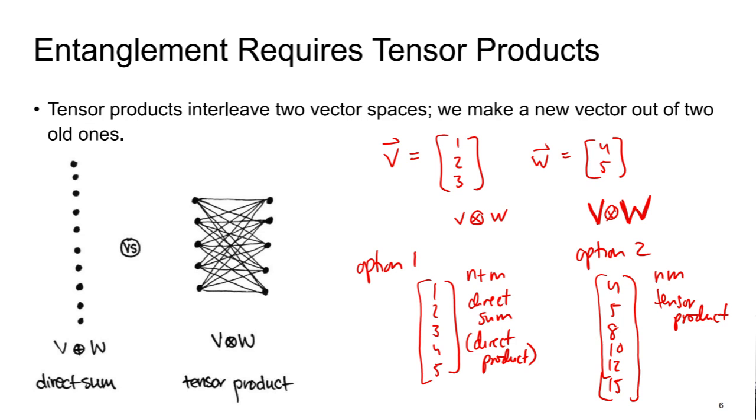So the first option gives a new list of n plus m numbers, while the second option gives us a new list of nm numbers. The first gives us a way to build a new space in which the dimensions add, and the second gives us a way to build a new space where the dimensions multiply. This first option is called the direct sum.